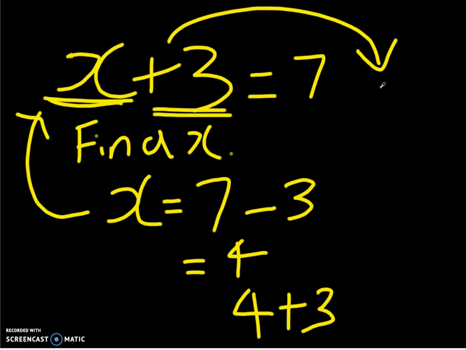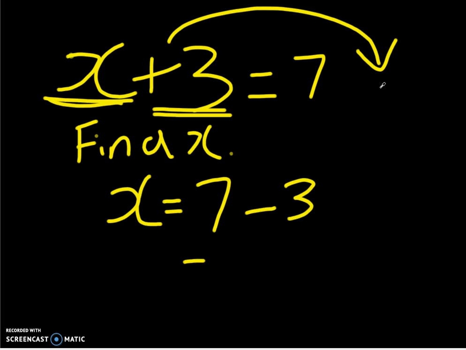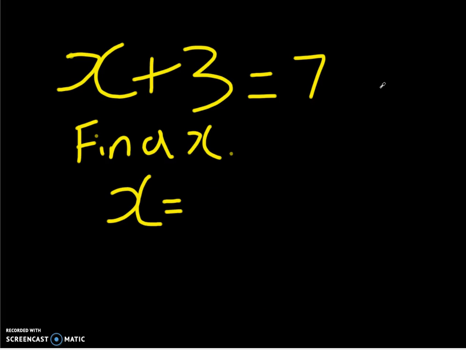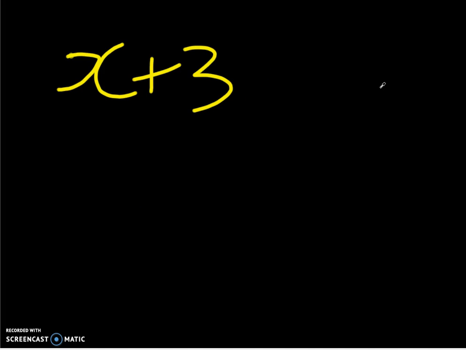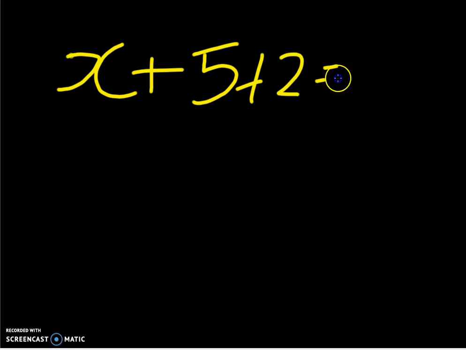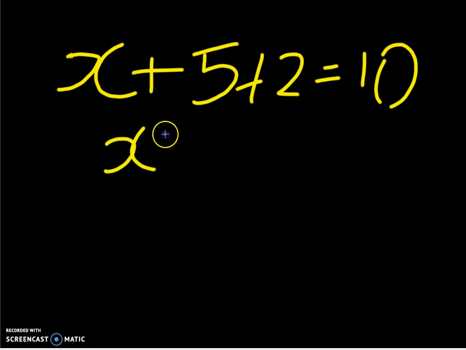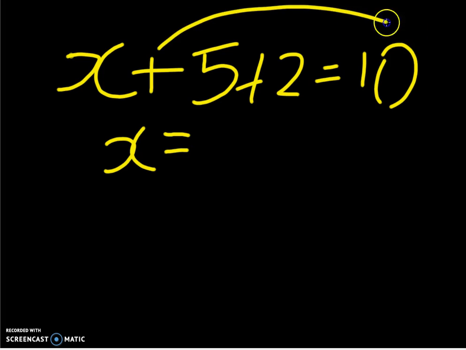Our next part of this is a bit more complex. So now let's try a few more numbers. Let's try x plus 5 plus 2 equals 10. Find x. We keep the x on one side and bring it all to the other side. Positive 5 comes this side, positive 2 comes this side.